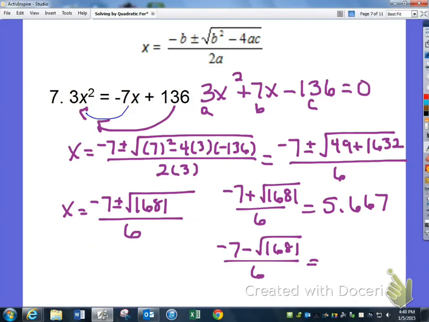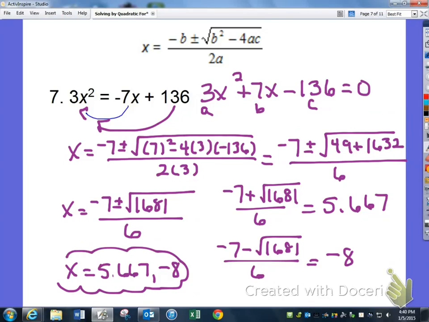So if I put -7 minus the square root of 1681 in my calculator, hit enter, and then divide by 6, I get -8. So my solutions are x equals 5.667 and -8. And you can leave the 5.667 as a fraction if you would like to. All right.